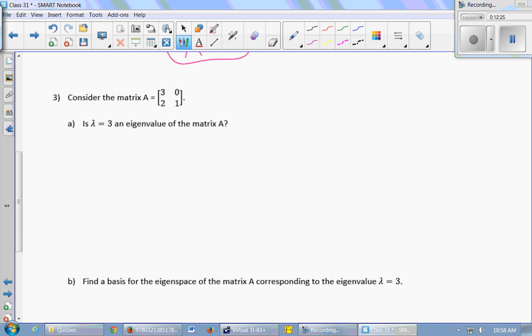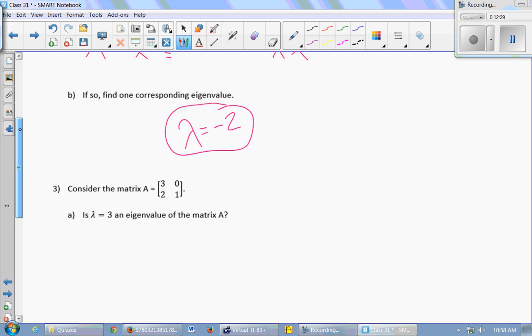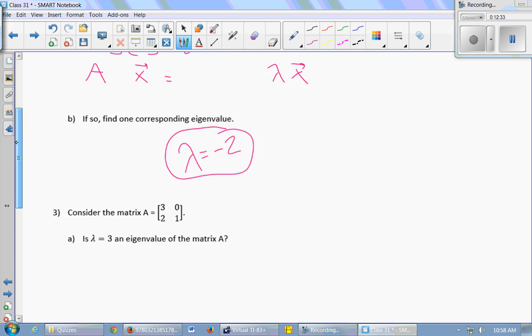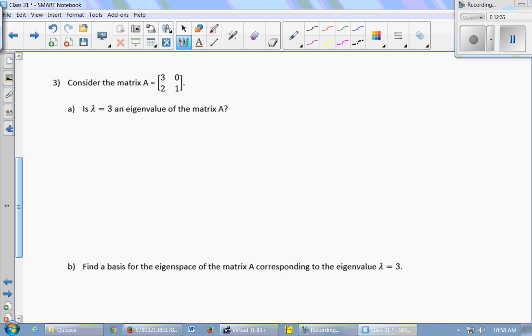All right. Consider the matrix (3, 2; 0, 1). Is lambda equals 3 an eigenvalue? So this is a little bit different. Instead of giving you a possible eigenvector, I'm giving you a possible eigenvalue. So we have to find out, is there a non-zero solution to Ax equals 3x?